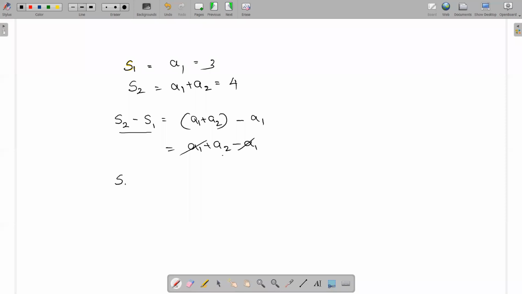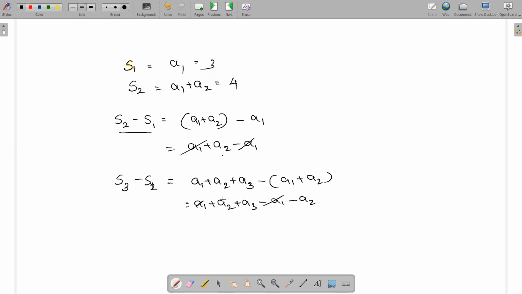Similarly, if we subtract S2 from S3, how will you get A3? A1 plus A2 plus A3 minus A1 plus A2, that is the sum of two terms, isn't it? Opening this bracket, you will get A1 plus A2 plus A3 minus A1 minus A2.